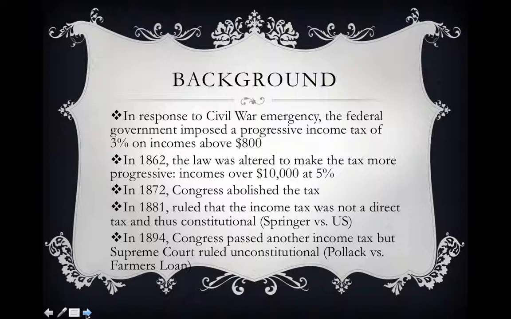Particularly in this section, remember and have a brief notion of what these different court findings were. So for Springer versus United States, remember that it ruled that the income tax was not a direct tax and was thus constitutional.